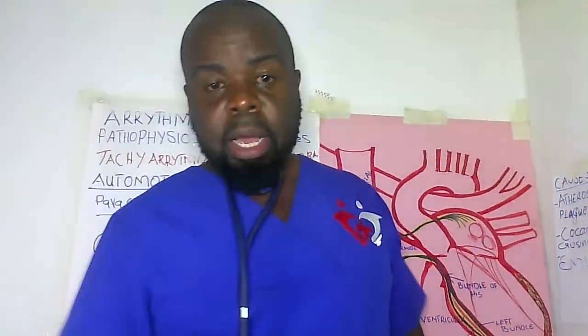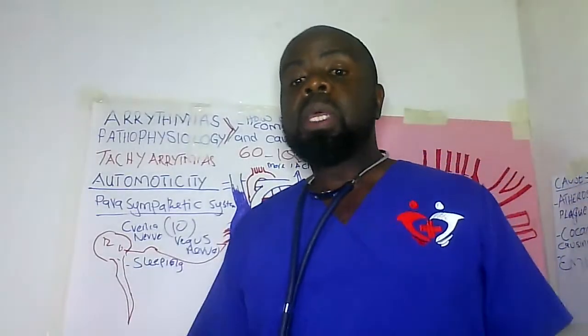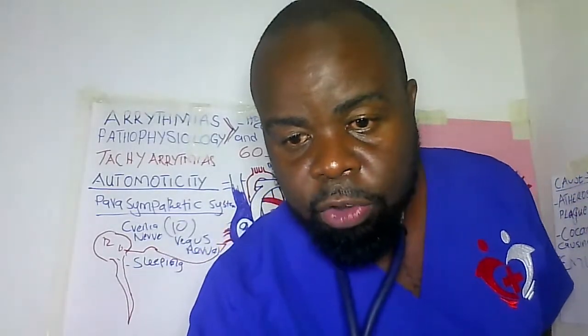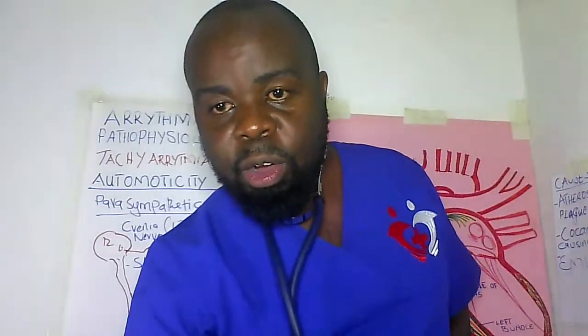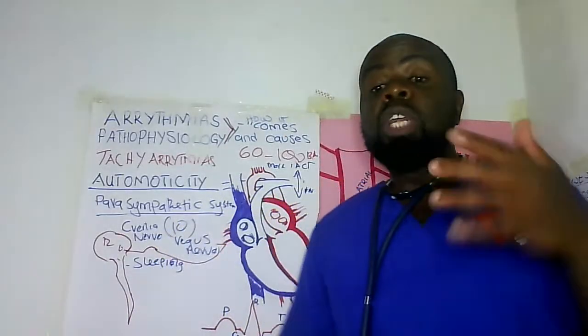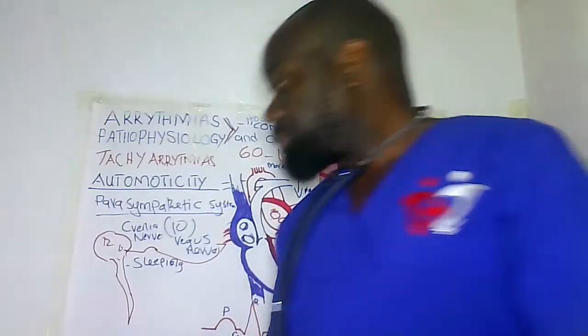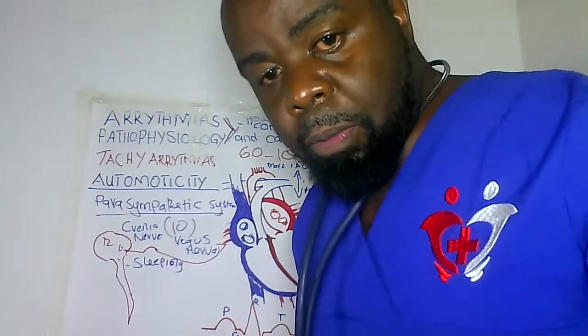And now let me finish the automaticity of the heart beating slow. Then we go to the question of Donna, our new friend today, Donna from Jamaican's Uncle Channel. Welcome to the platform. There are other things we learned previously that can increase the vagal tone.